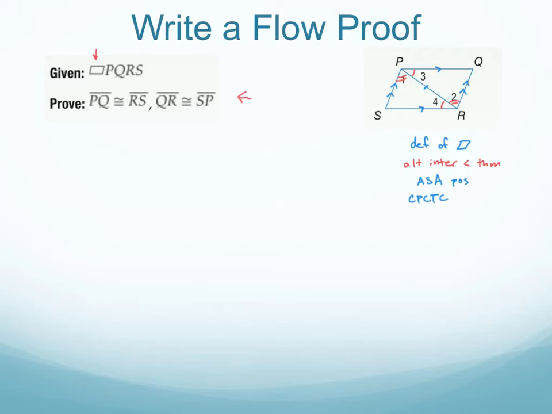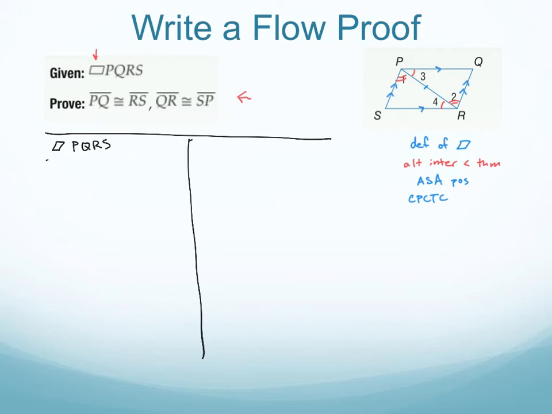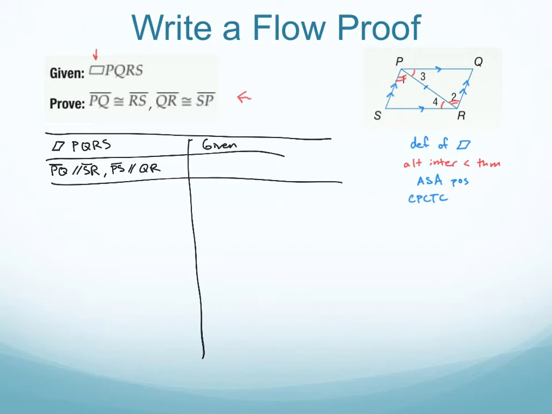Let's go ahead and write out our proof. So I'm given that I have a parallelogram, PQRS, and this is given. And then off of that, I know that PQ is parallel to SR, and that PS is parallel to QR. And this is the definition of parallelograms.